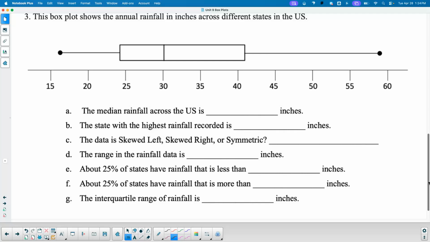Yep. Okay. The state with the highest rainfall recorded is how many inches? 58, 59, somewhere in that range? Yeah. I'd go closer to 59, probably. Okay.